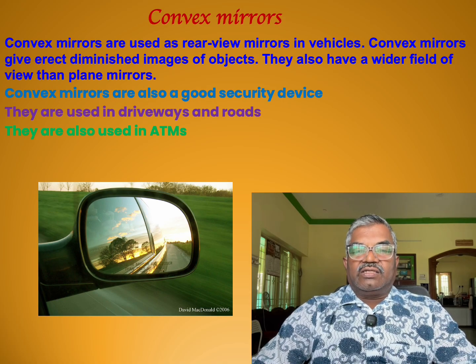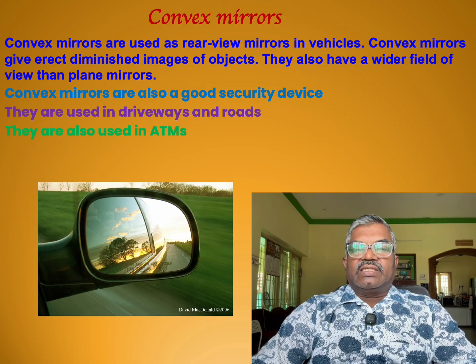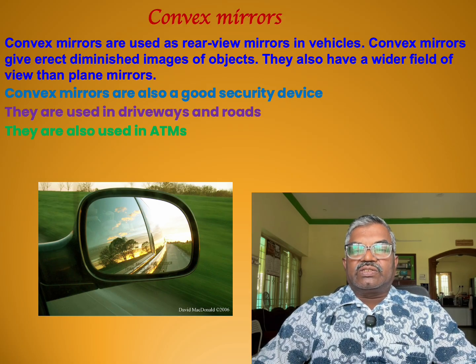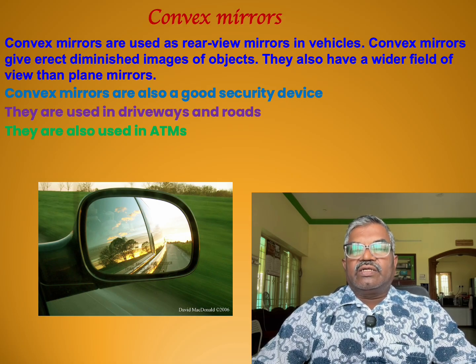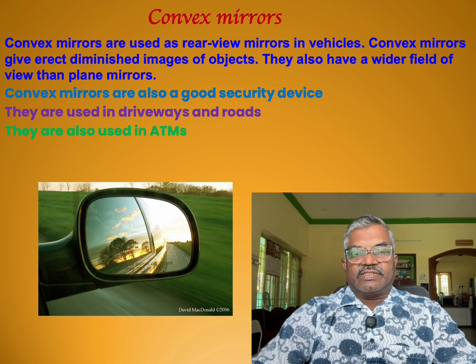It is also used for security purposes, because a single security person can see a large portion of the store while monitoring from a single location. They are also used in driveways and on roads to provide safety to bikers and drivers.